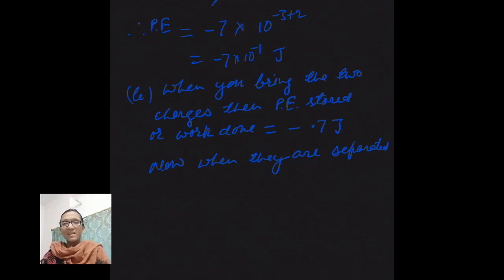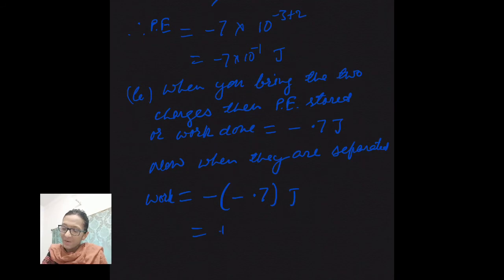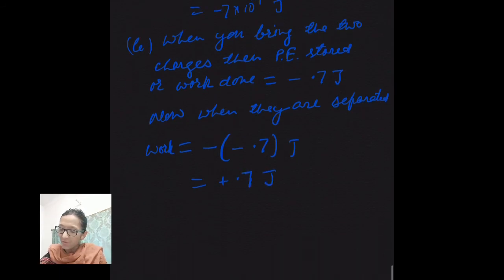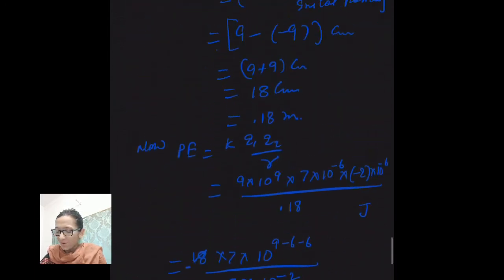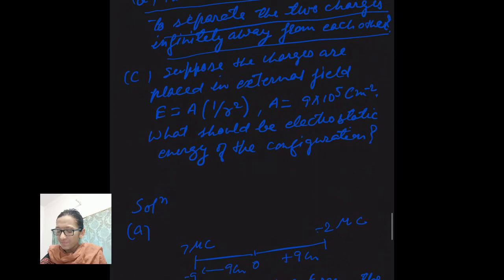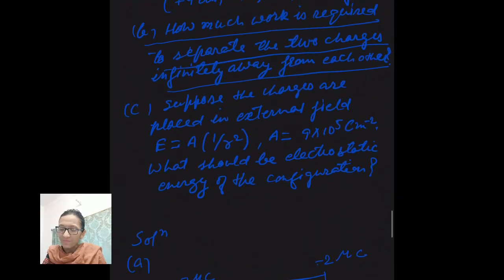In bringing them close to each other, you did a work of minus 0.7 joule. So when you separate them up to infinite distance, the work will be the same, but the sign will be opposite. Therefore, the work done is minus of this minus 0.7 joule, which is equal to plus 0.7 joule.